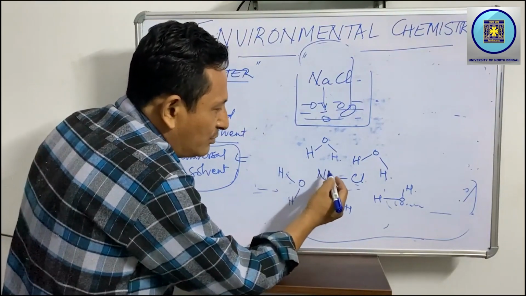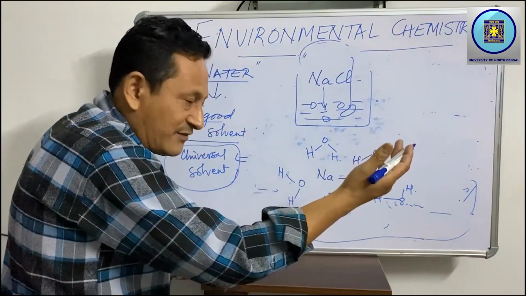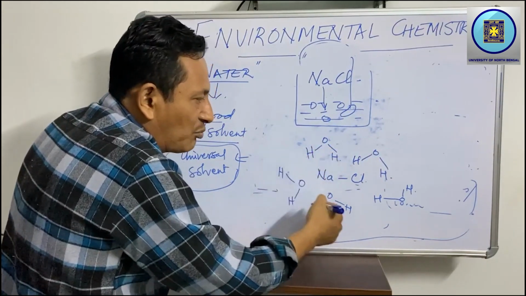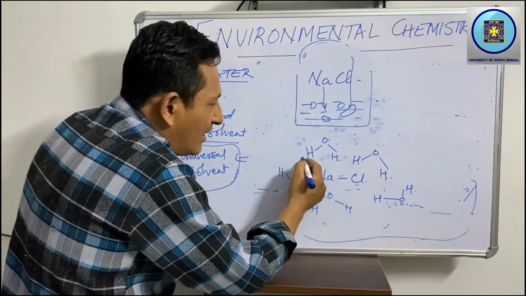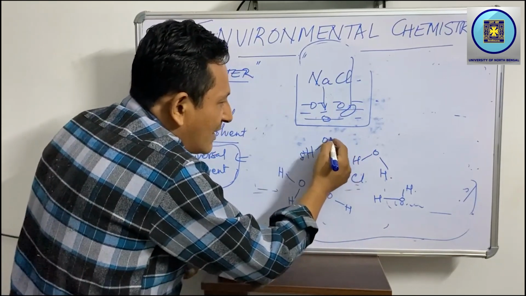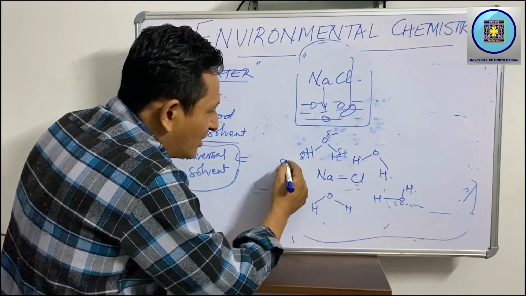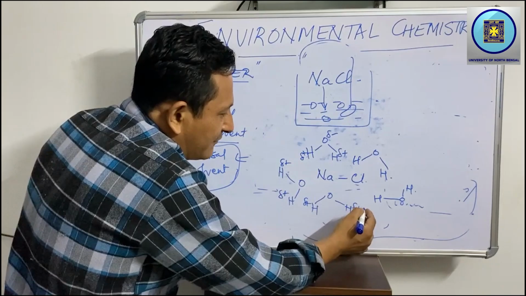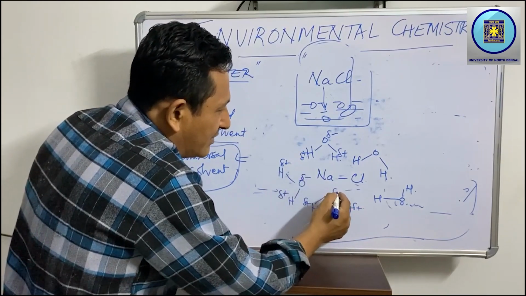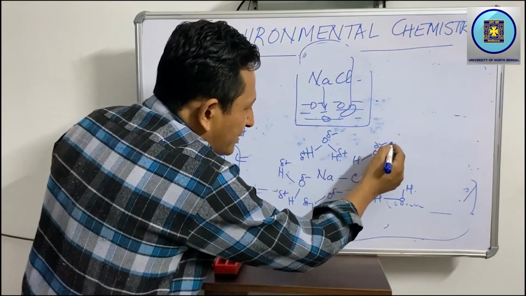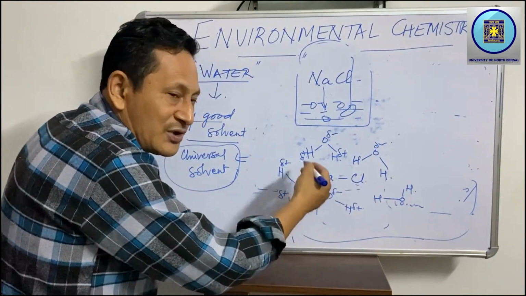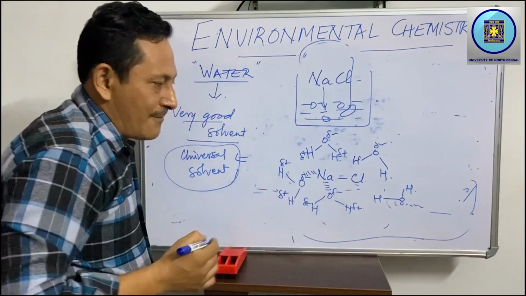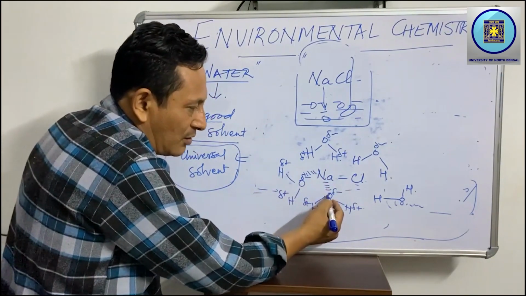Sodium is a positive ion because it is electropositive. When it sees that these water molecules are surrounding it, and that the negatively charged O minus is near it, it tries to form associations. The sodium will try to form an association with the negative O minus polar oxygen atoms.